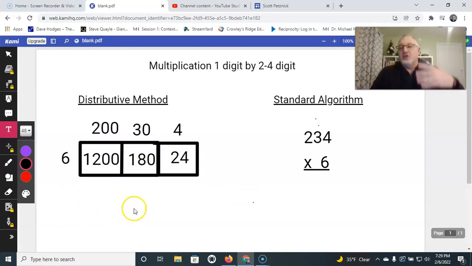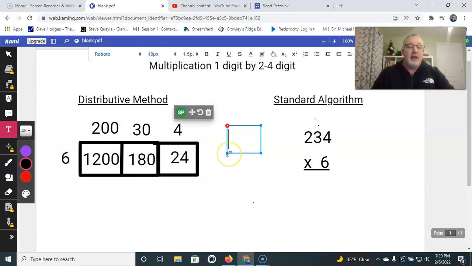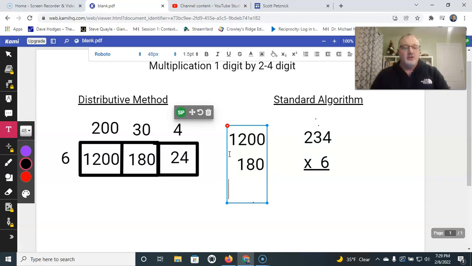Now, again, the distributive property says I break it apart, I multiply the parts, which we just did. Now I'm going to add all those parts, okay? So I have 1,200, and I really recommend that students put them in order from largest to smallest. It just makes it easier, and they tend to have fewer mistakes when they do it that way.